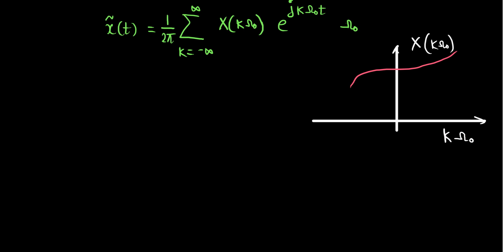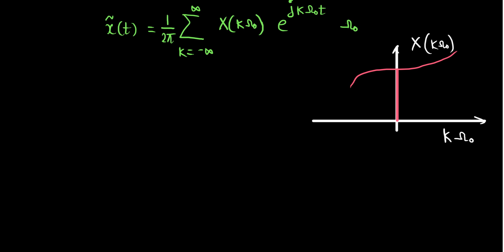As this omega naught is a fundamental frequency, and this k being an integer, this is going to be a discrete function of this k times omega naught. So instead of drawing this as a continuous entity, I'll draw this as a discrete entity.